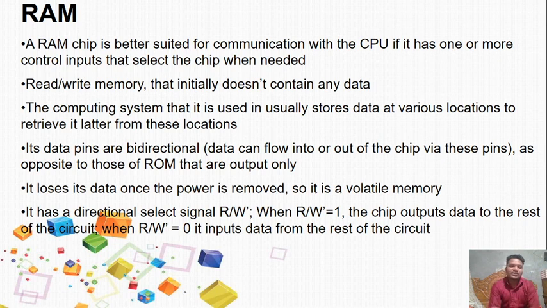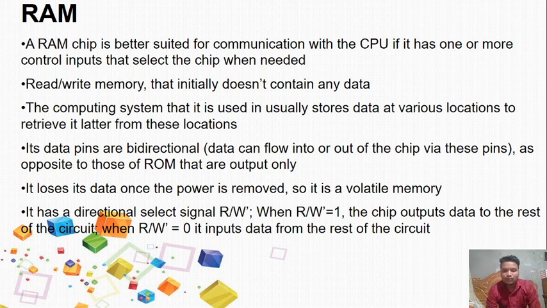A RAM chip is better suited for communication with the CPU if it has one or more control inputs that select the chip when needed. Read and write. Read or write memory that initially doesn't contain any data. It has a directional select signal, read or write.